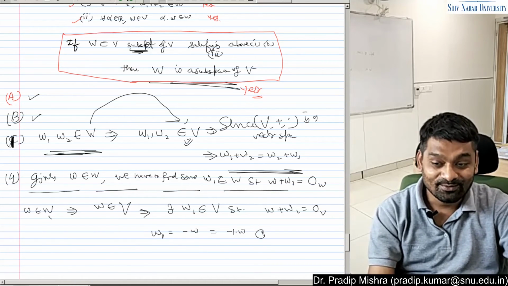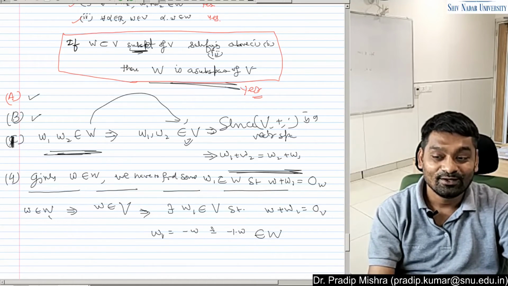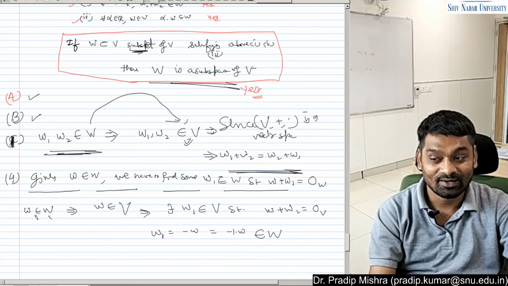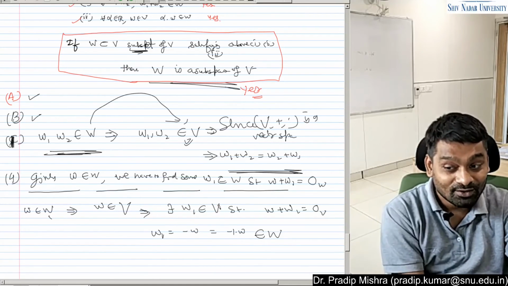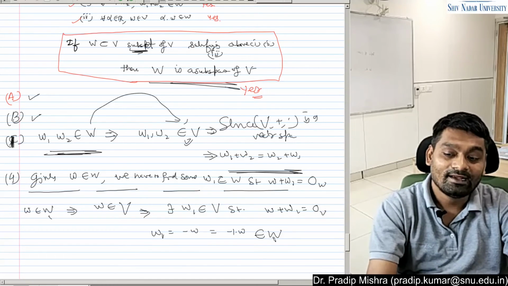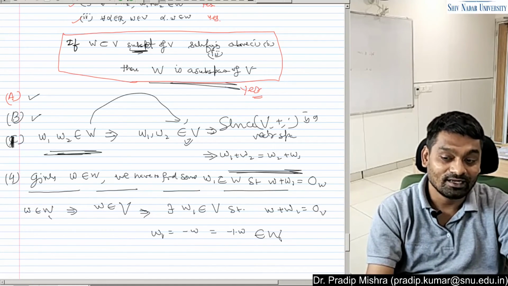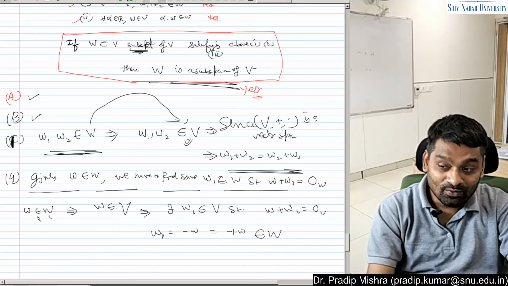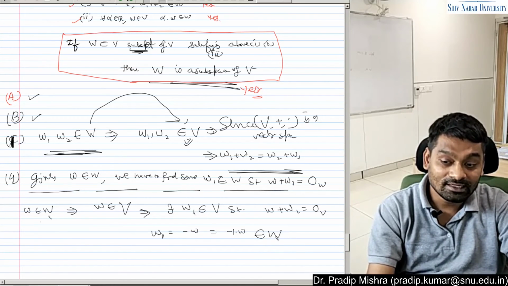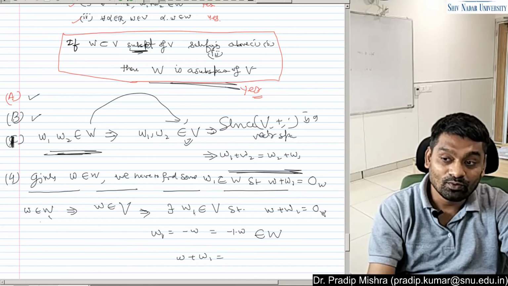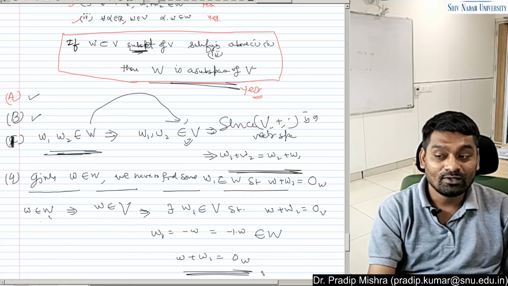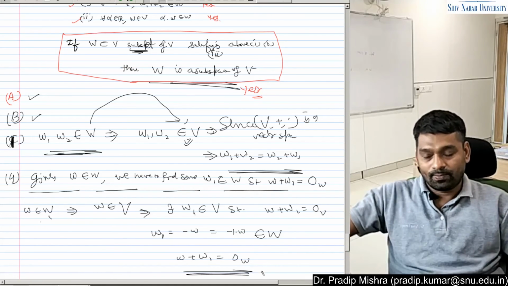Therefore this has to be in W. So I started from W, went to V, found some W1 in V, and from here landed again in W, since W1 has to be in W. So I found W1 in W such that W plus W1 equals 0V, but we know that 0V equals 0W. So we have found it.